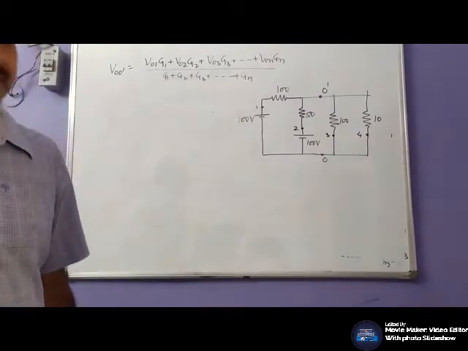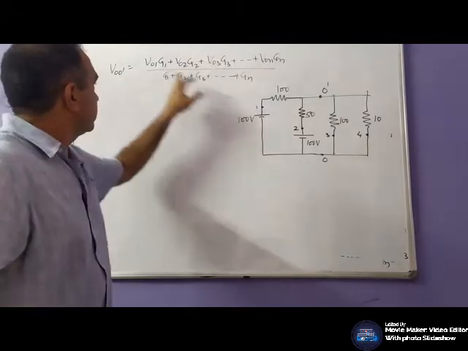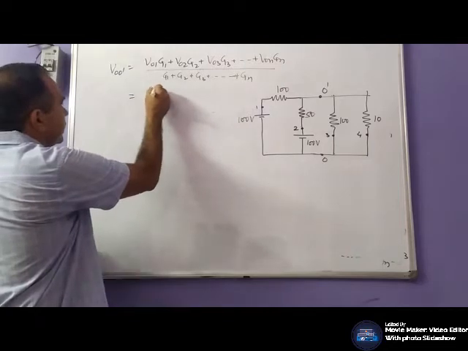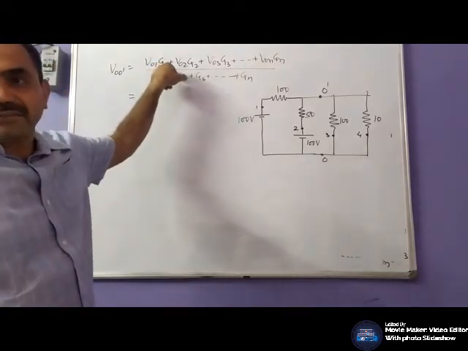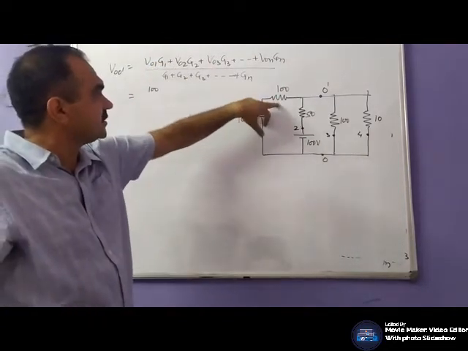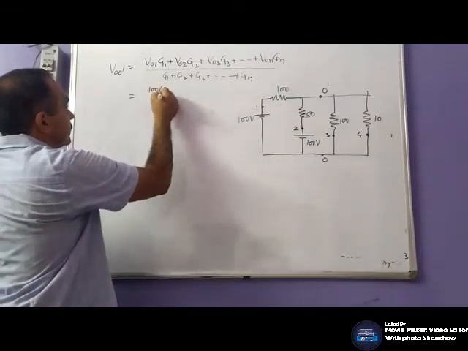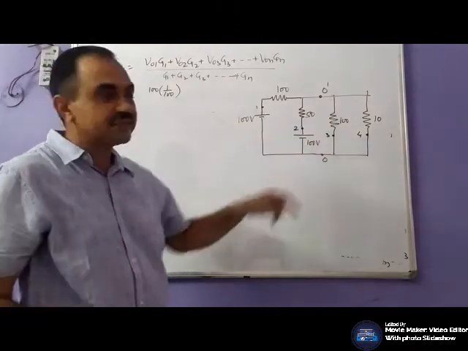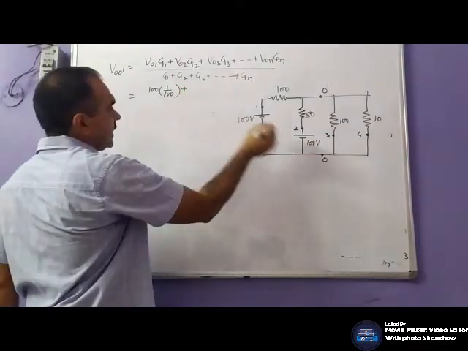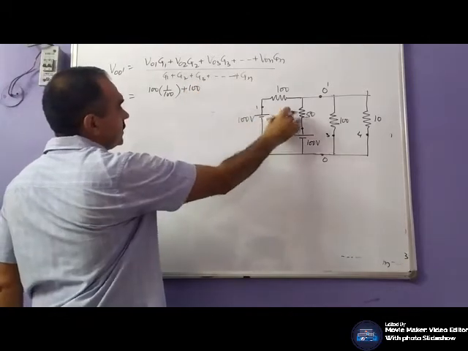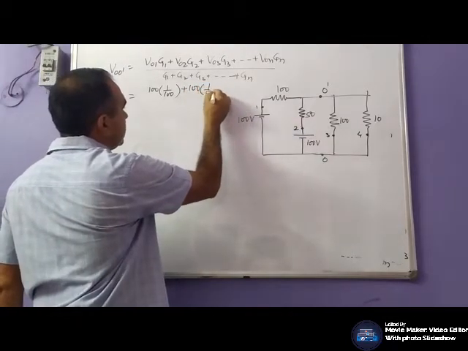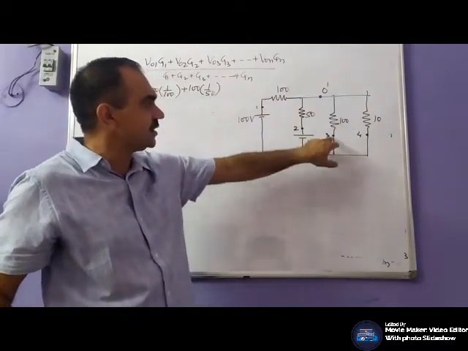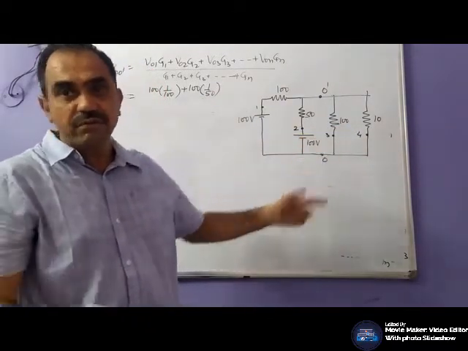Right? So what is the V01 voltage? 100. G1 is equal to 1 by R1. What is the resistance in this branch? 1 by 100. Direction of voltage sources are the same. Second one was 100, resistance was 50. Third one, what is the voltage here between 3 and 0? 0.